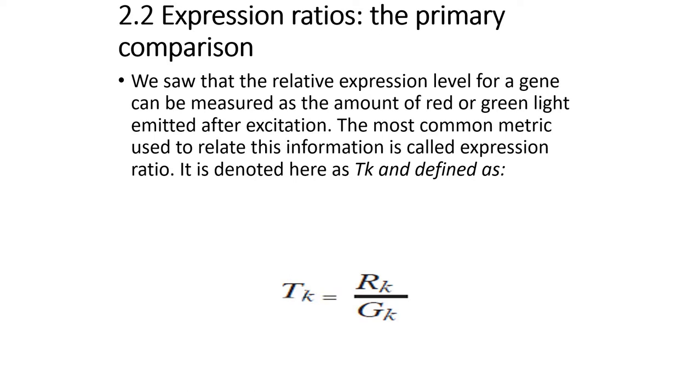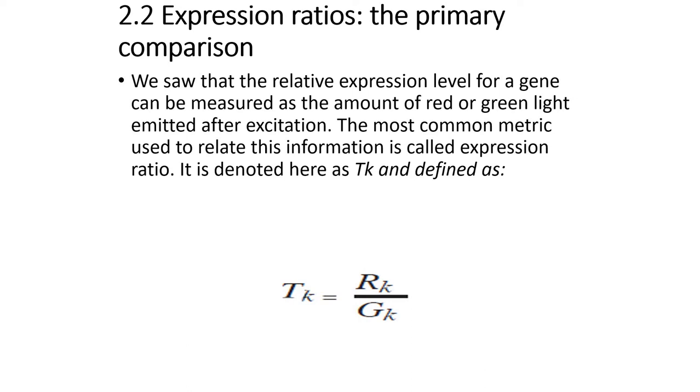So this is the ratio, the formula given here. R or G means red or green. This is the standard formula. TK is the intensity ratio. That means the gene expressed in the red condition, like anaerobic, is divided by the gene expressed in the aerobic condition.